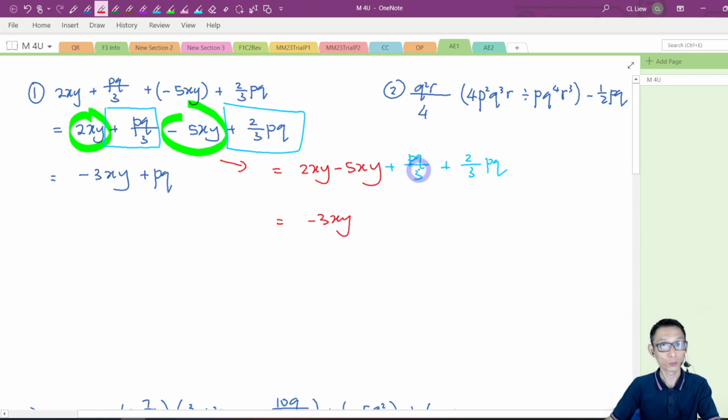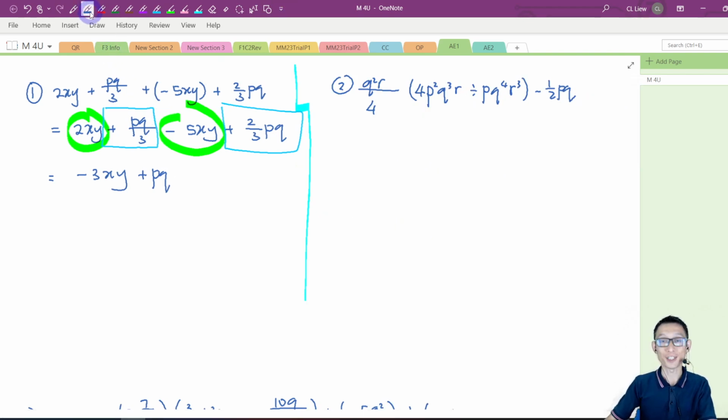So how about this one? Just press your calculator, 1 over 3 plus 2 over 3, you will get 3 over 3, which is equal to 1. So plus 1 pq, you don't have to write 1 pq, you just need to write pq. So this is the answer for question number 1.